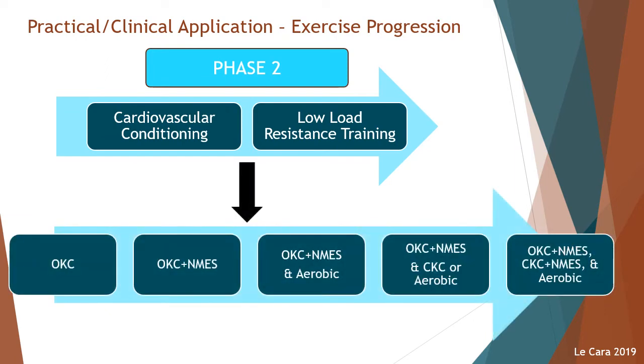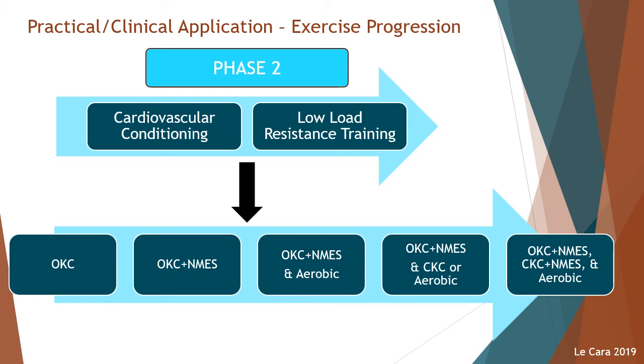Okay, so another way that you can scheme this is, as I mentioned previously or alluded to, that you can start to combine them. So here's a progression that I often use: we'll start with open kinetic chain exercises or uni-joint exercises. Then you do that with NMES. Then you add one variable of having them do a stationary cycle for 5 to 10 minutes.